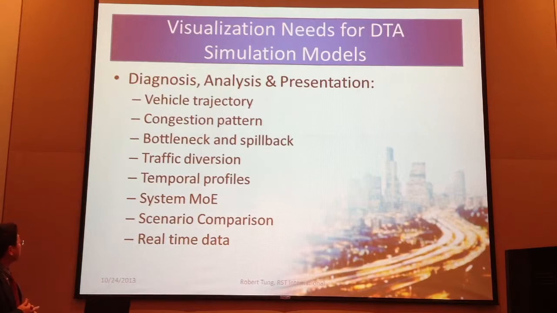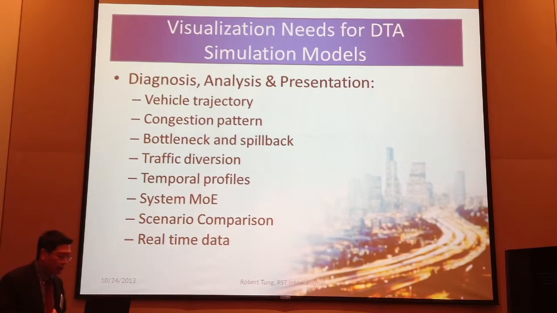And also to visualize the bottleneck and spillback. Basically, that's how the congestion was formed. Also traffic diversion and temporal profiles, system-wide performance measures, and scenario comparison are also very key, because you implement certain measures or a certain network, and then you want to see the differences before and after.